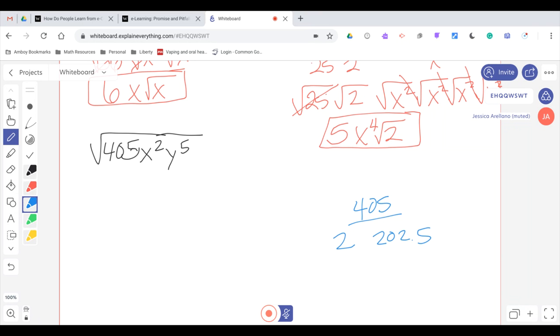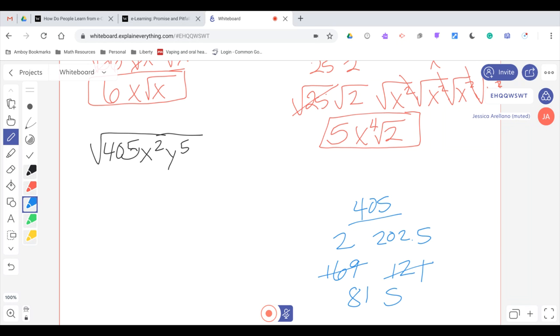So I'm going to try dividing by 169, which is 13 squared. Nope. I don't think I'm going to try 144. I don't think that'll give me a 5. I'm going to try 121. Nope. I'm not going to try 100 because 100 goes into 400, but not 405. So I'm going to move on down to 81. Oh, and I get it.